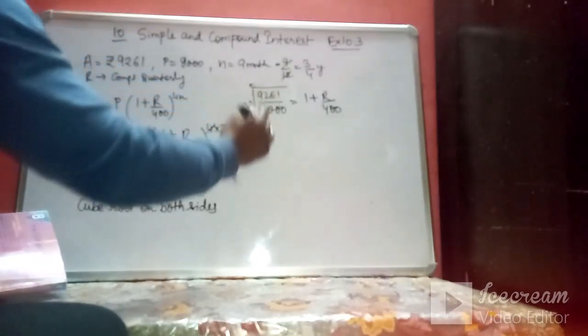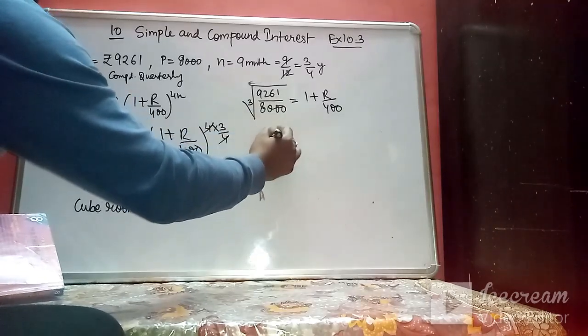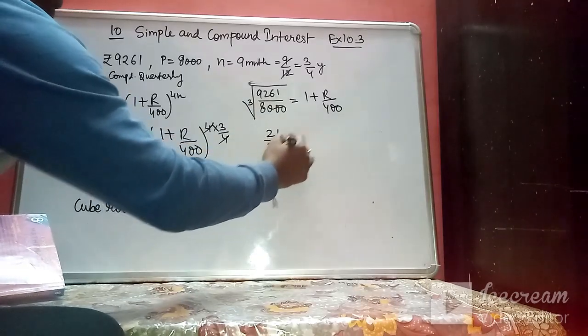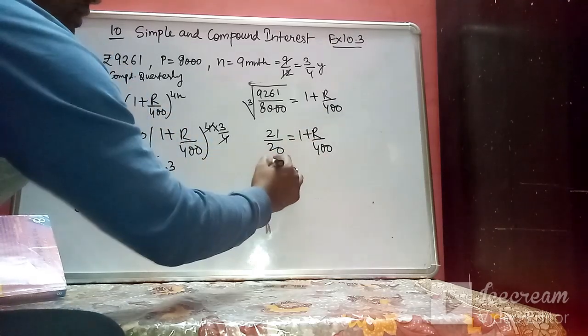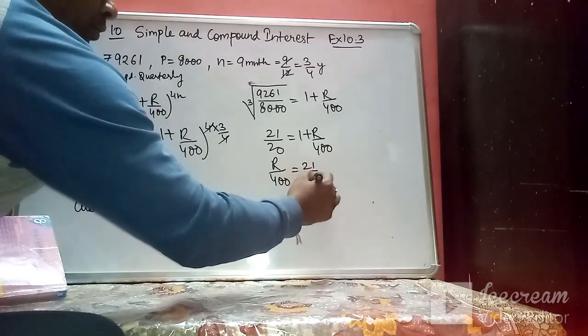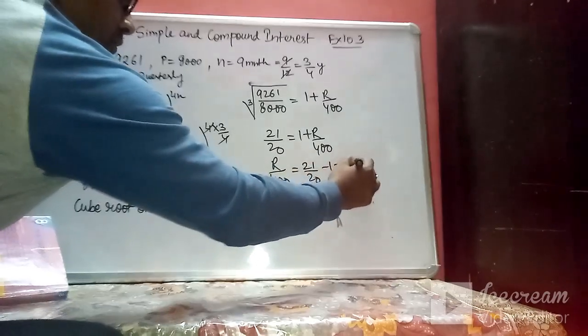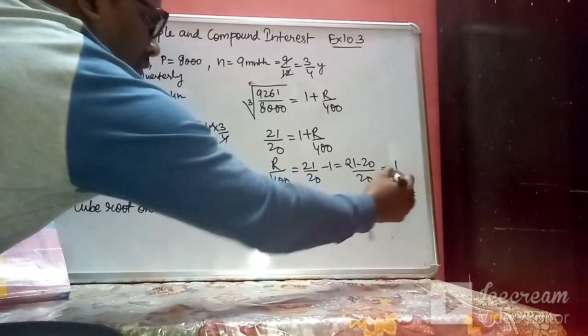So cube root of this comes out to be 21 upon 20. Then r upon 400 will be 21 upon 20 minus 1, that is 1 upon 20.